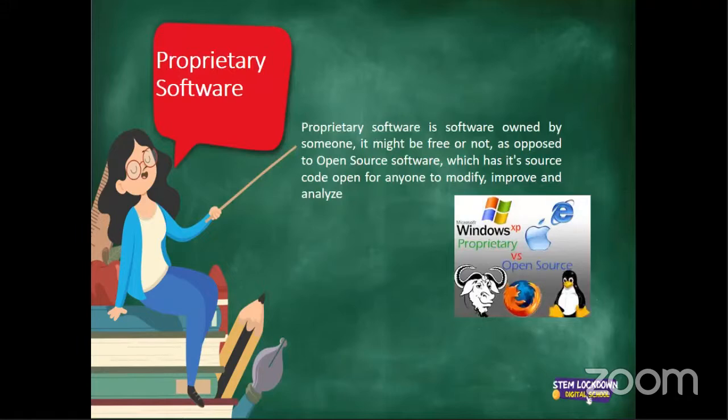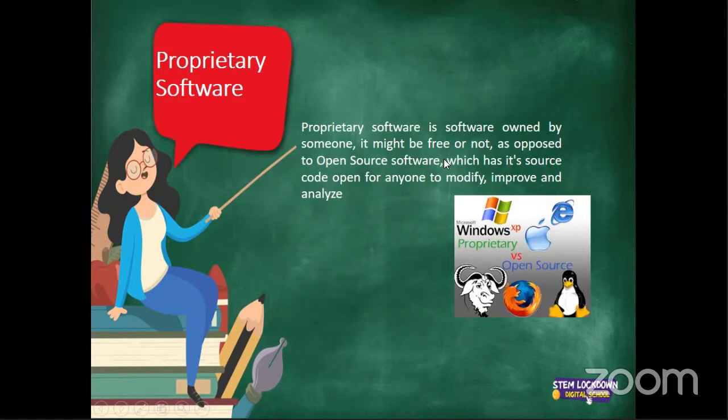For example, with open source software we've got programs like Linux, which is open source. You can edit and customize it as you wish. But proprietary software is owned by someone. For example, Windows XP is proprietary and is owned by Microsoft.